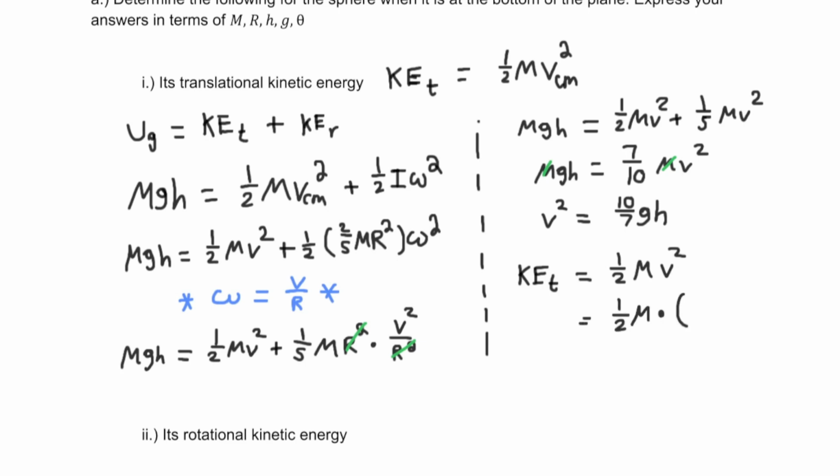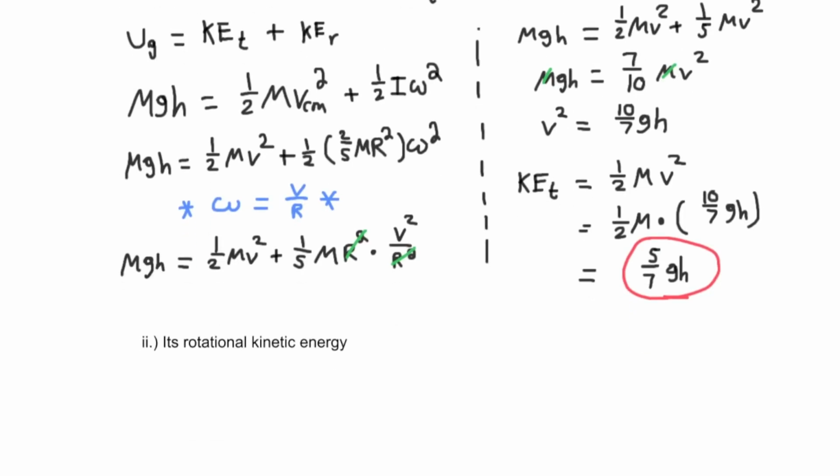And we said that v squared is just going to be 10/7 gh. So we end up getting, after the 10 and the 2 divide to make 5, we get 5/7 mgh.